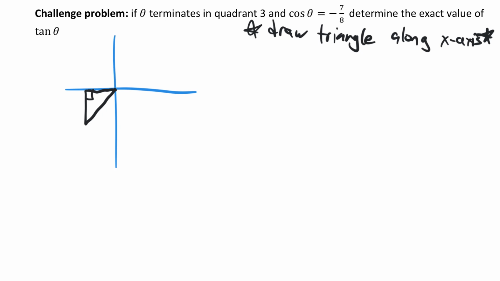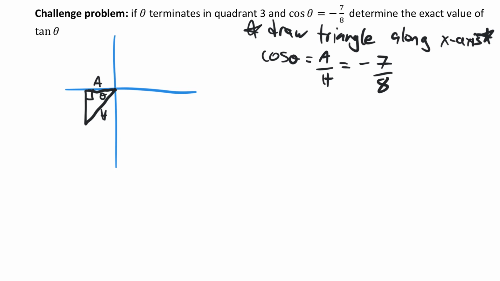Now once you've got that, you've got cos of theta, and cos is adjacent over hypotenuse, right? SOHCAHTOA. Based on the angle down here, theta, adjacent would be here, and my hypotenuse would be over here. Now cos is negative 7 over 8.